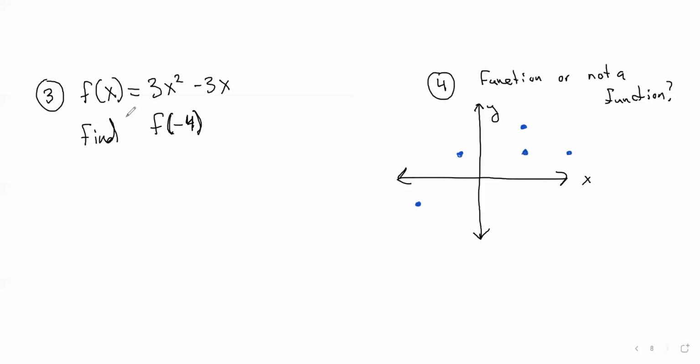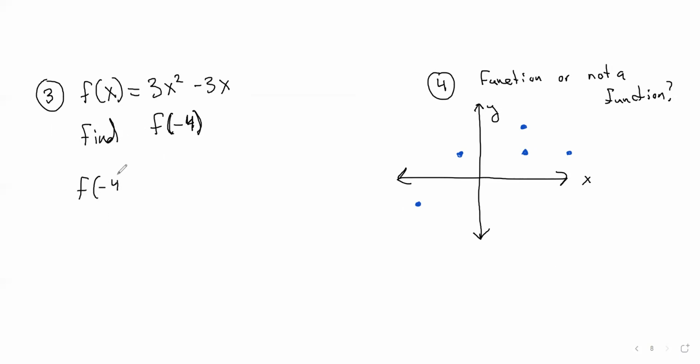Let's move on to problem number 3. We have f of x is 3x squared minus 3x. We want to find f of minus 4. Hopefully you've had time to work on this, and we can check the answer. Just replace the x with a minus 4.